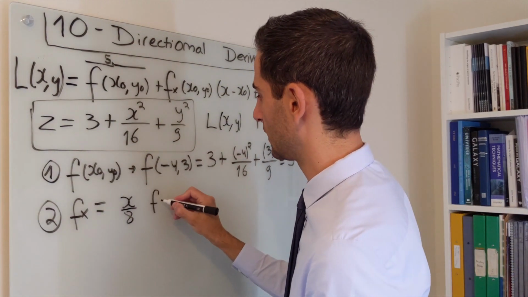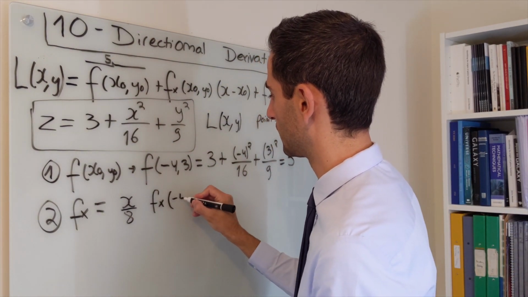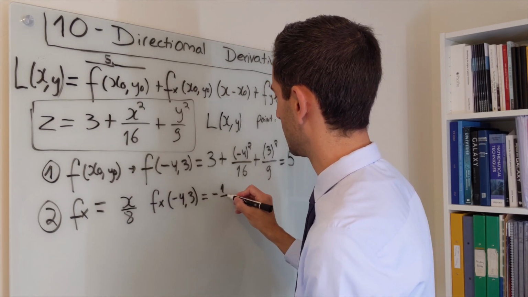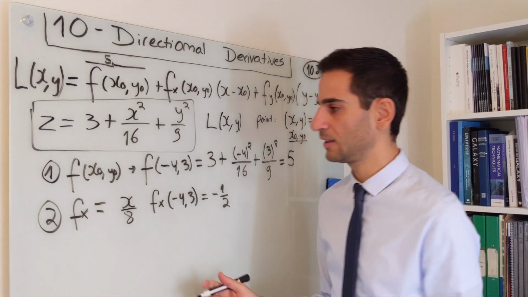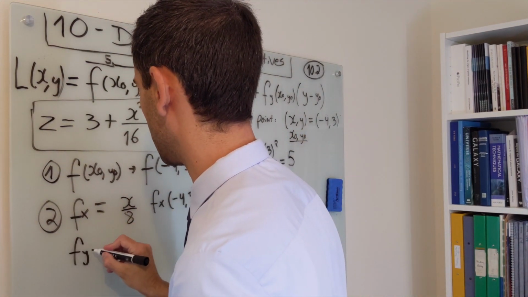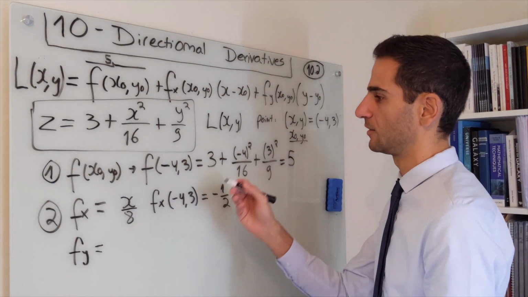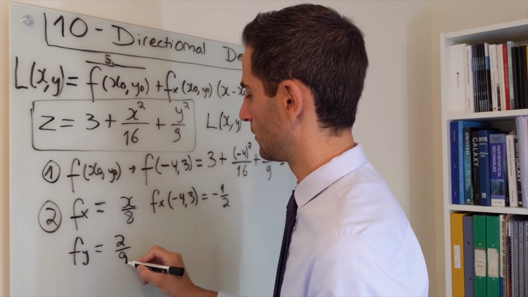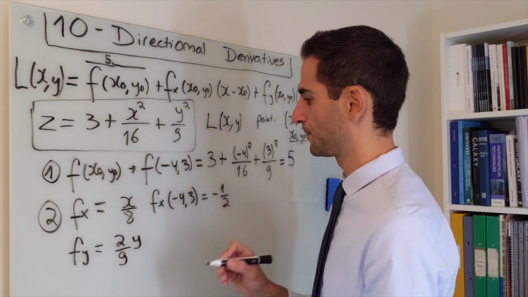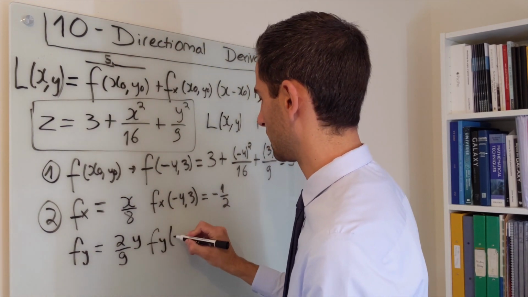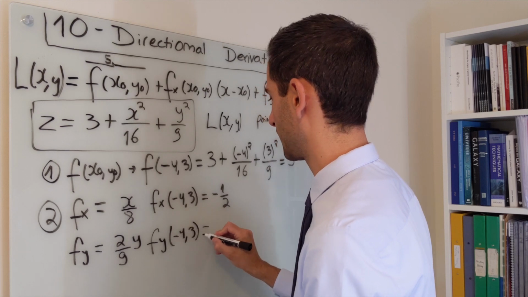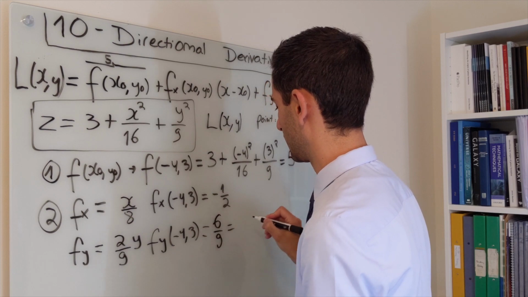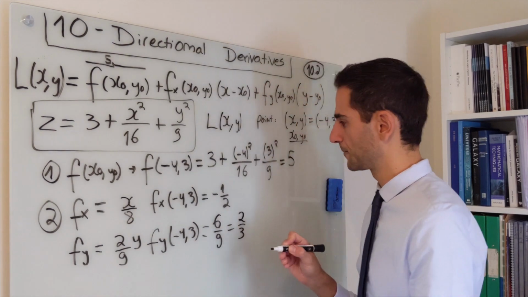And specifically at the point of interest, -4, 3, this just becomes -1.5. Finally, for the partial derivative with respect to y, you follow a similar procedure. You get 2 over 9 y, and at point -4, 3, this just becomes 6 over 9, or 2 over 3.